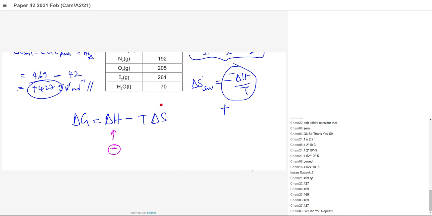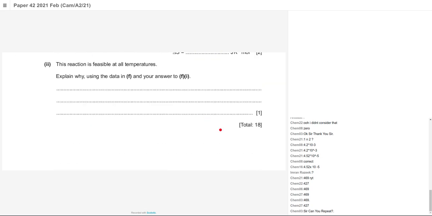Entropy is positive, so this term is negative. Gibbs free energy is negative. If the Gibbs free energy is negative, the reaction is feasible at any temperature. Both are correct. Okay? Got it? So you can use Gibbs free energy to explain, or I can say total entropy to explain.